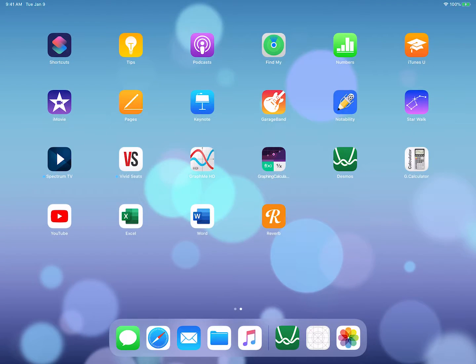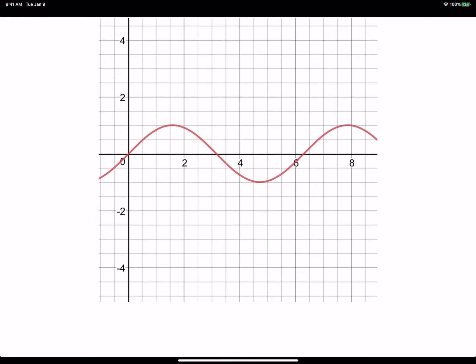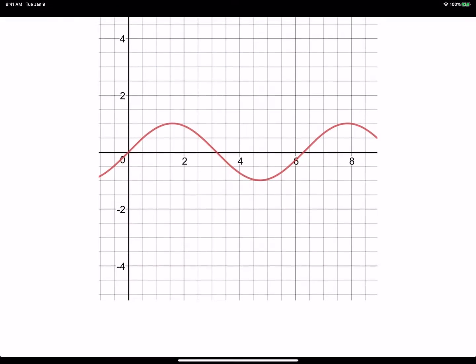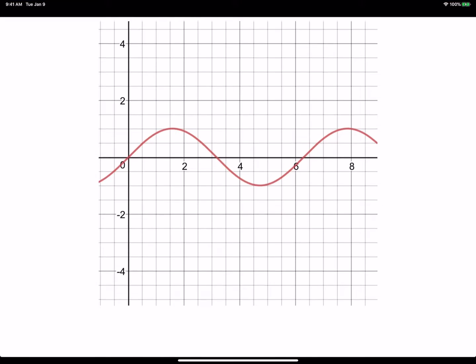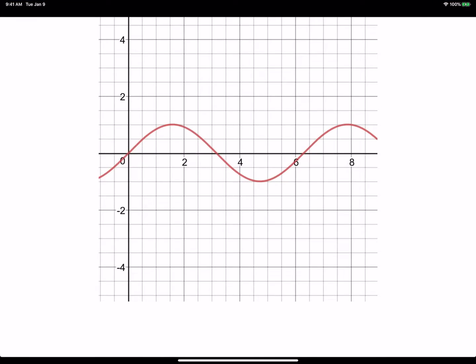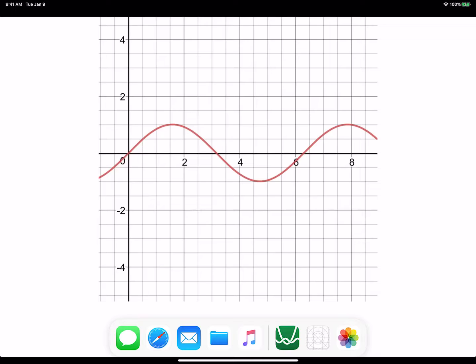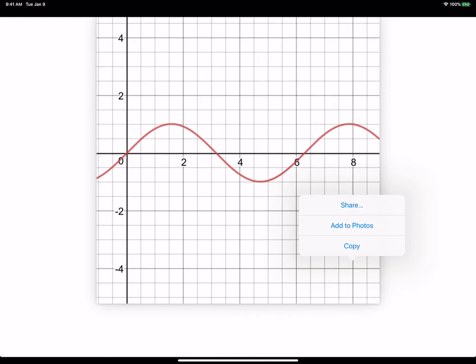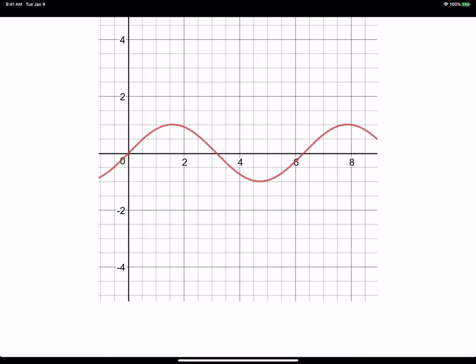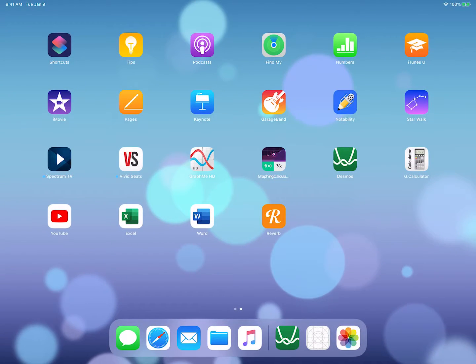We'll show you in another demonstration what we're looking at. Yeah, it's going to have to be restarted, I guess. But anyway, I wanted to show you guys the graph of this. Let's just say add to photos. And it looks like the app isn't working right now. So whatever. Life with technology.